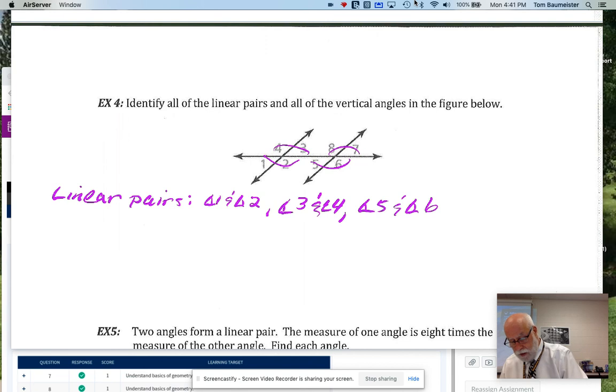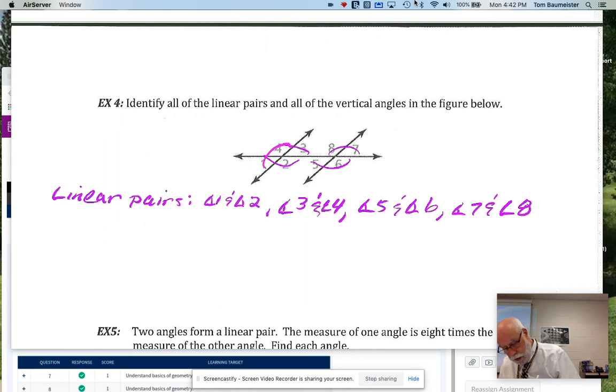And angle 7 and angle 8. All right, but now, those aren't the only ones, because if you think about it, aren't 1 and 4 next to each other? Right? So yes, they are next to each other, and 2 and 3, etc.